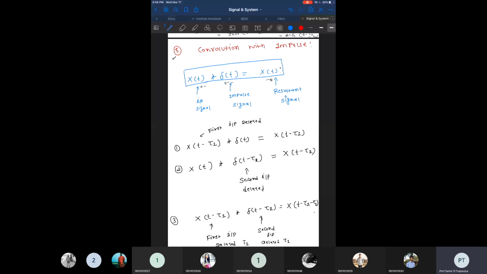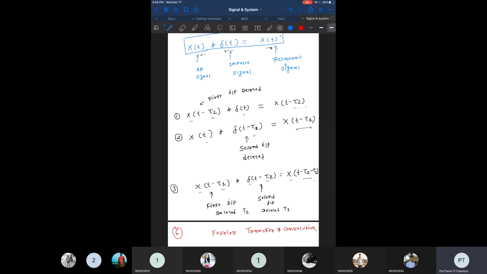So assume a pair: x1 of t in time domain, x1 of f in frequency domain, x2 of t in time domain, x2 of f in frequency domain. The mathematical foundation to convert any time domain signal into the frequency domain signal is known as the Fourier transform.